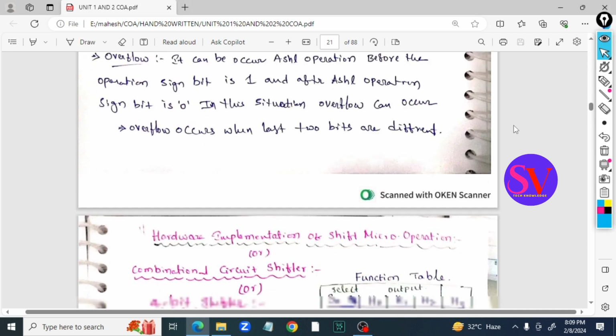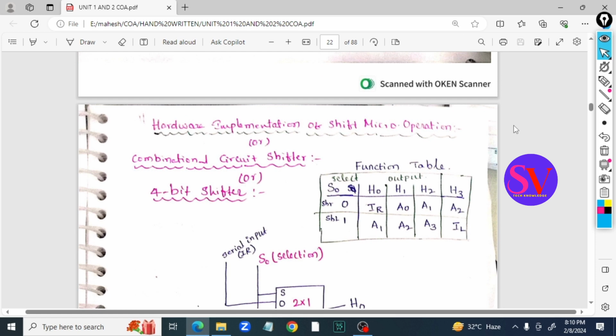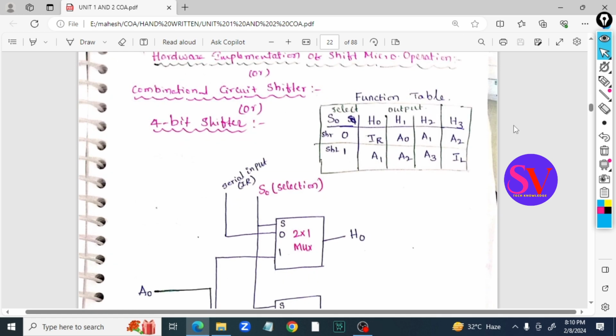Okay, here we will see the hardware implementation of shift micro operation. Here we have S0, which is the control signal, and we have 4 outputs: H0, H1, H2, H3. I will discuss this clearly. You know what IR is, the serial input right, and you know what IL is, the serial input left.